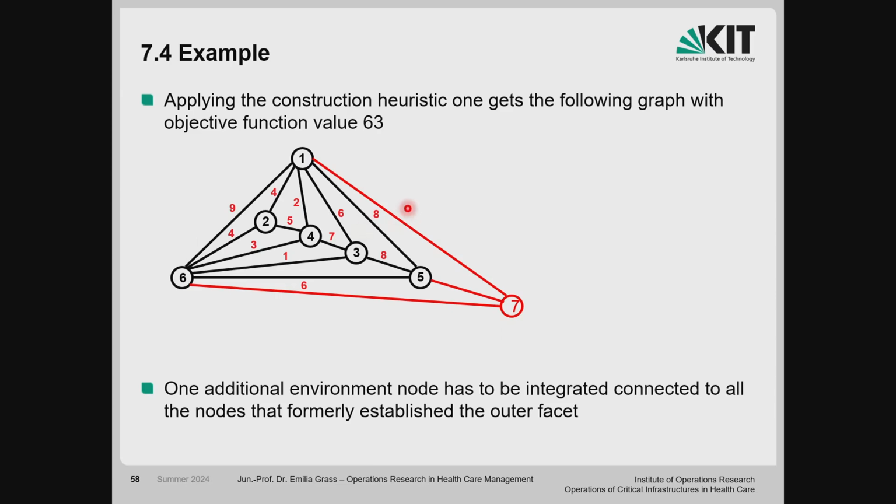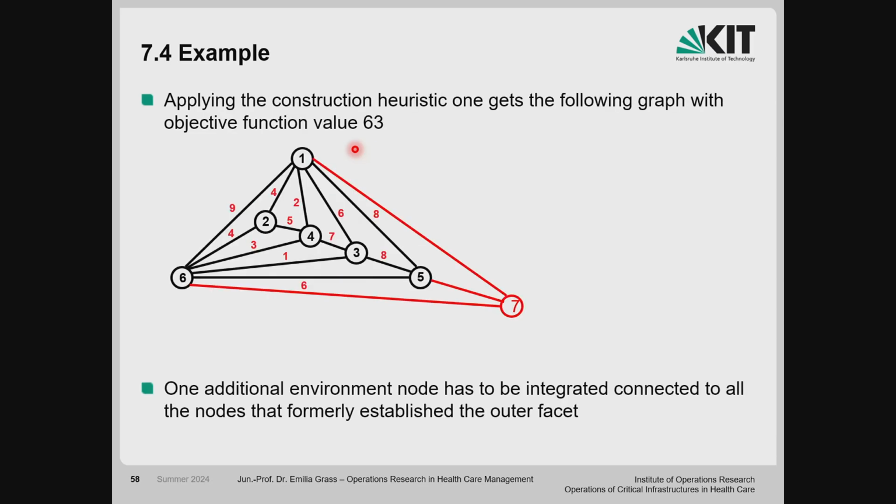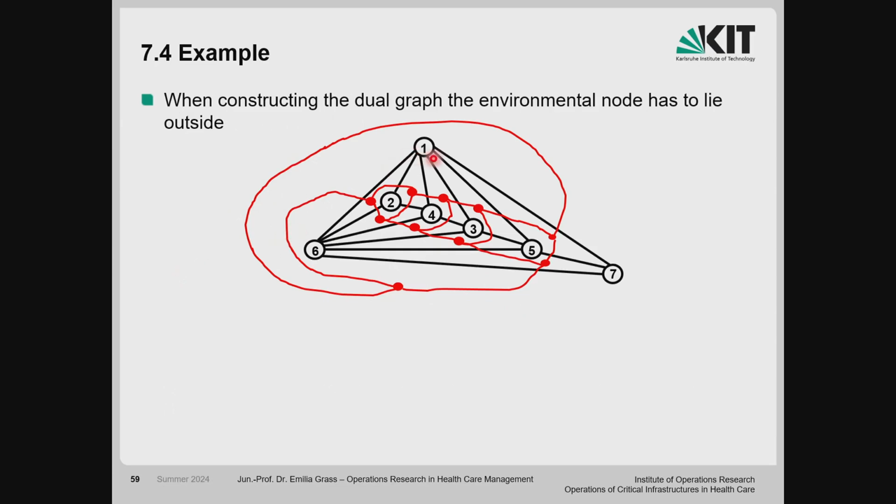By the way, regarding your question about the outer and inner facet, you can see here that this is exactly not this triangle. And if we look at a dual graph, how that would look like, we have all the nodes, and we have these facets. Each facet now requires a node. You can see here, this is a facet, this one is a node, this one is a facet between 1, 4, and 3.